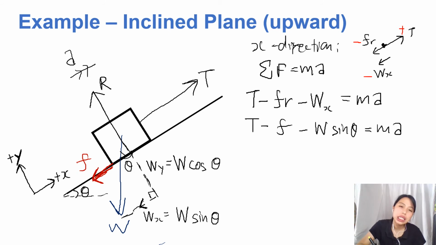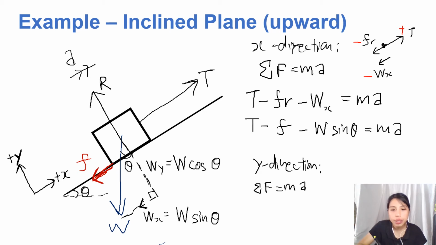How about in the y direction? Nothing new, still the same thing, like what we did before. In the y direction, you will have two forces only, R and W. So sum of forces equals ma. We said up is positive, right? So we'll consider the normal reaction force as positive, and then the downwards part of weight as negative.